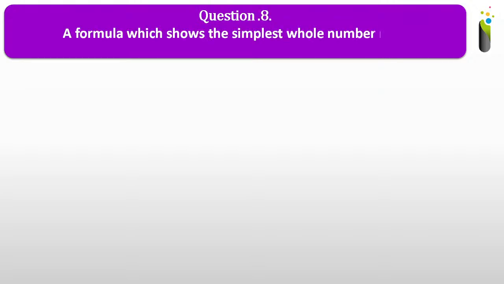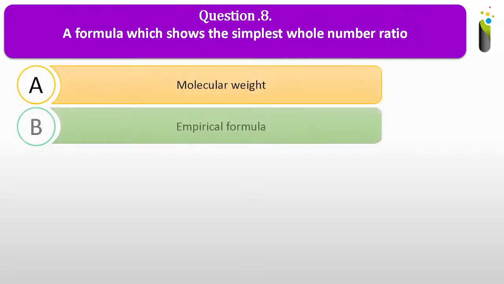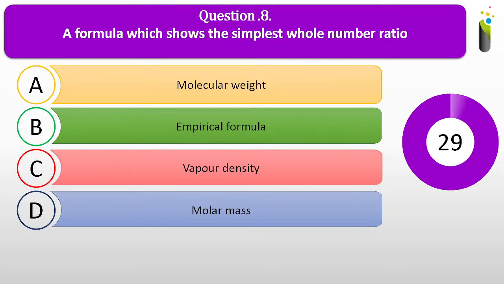A formula which shows the simplest whole number ratio. A. Molecular weight. B. Empirical formula. C. Vapor density. D. Molar mass. So which is the formula which shows the simplest whole number ratio?